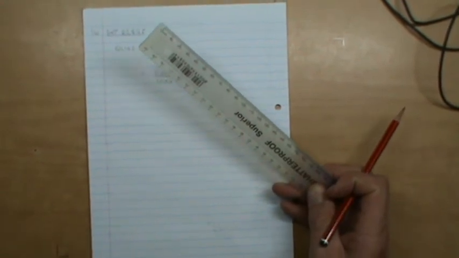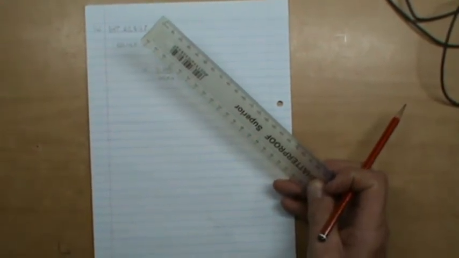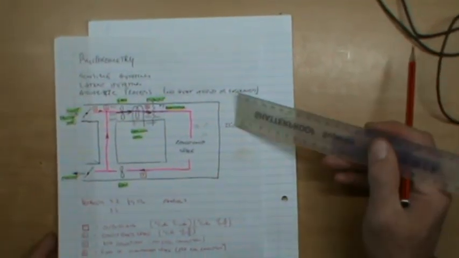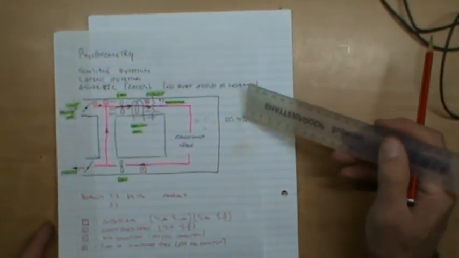So now, going back to our question, it said that the internal conditions we were working with were 22 degrees Celsius and 50% relative humidity.